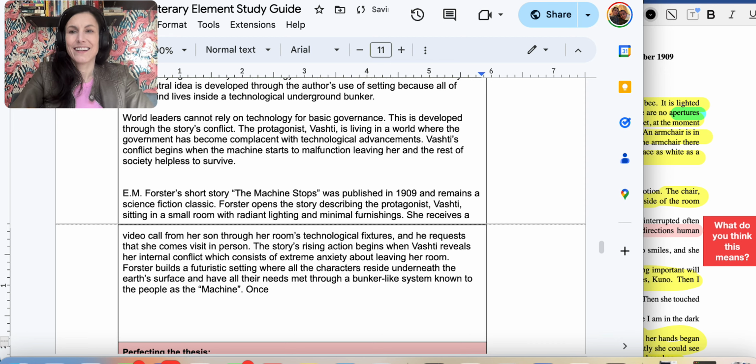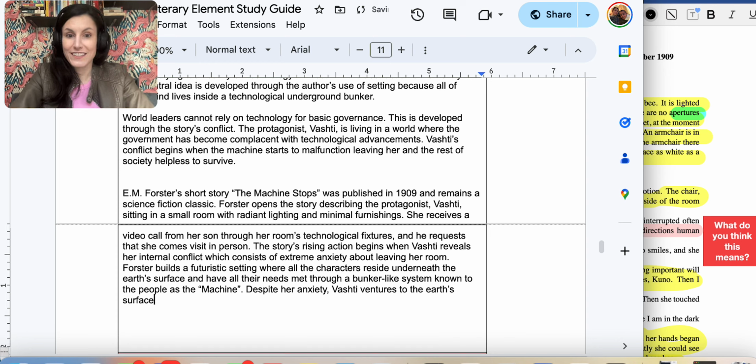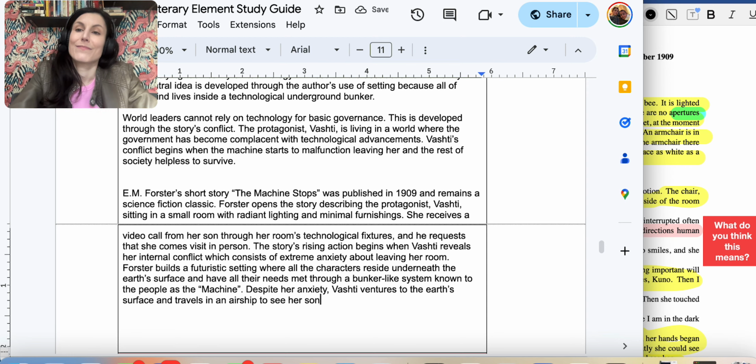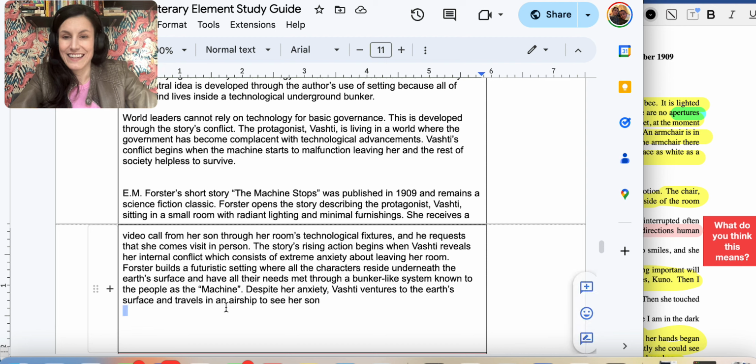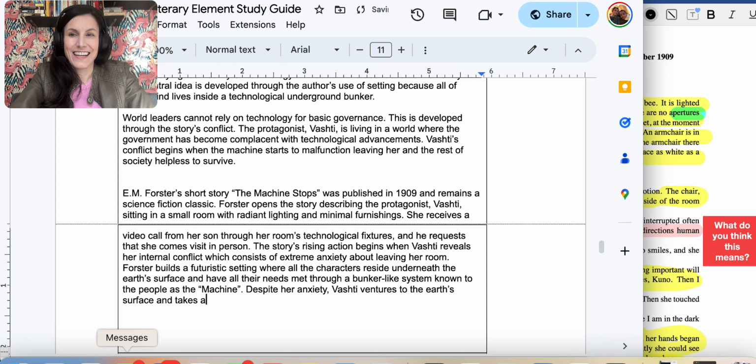Once, despite her anxiety, Vashti ventures to the Earth's surface and takes an awkwardly uncomfortable journey on an airship to see her son.